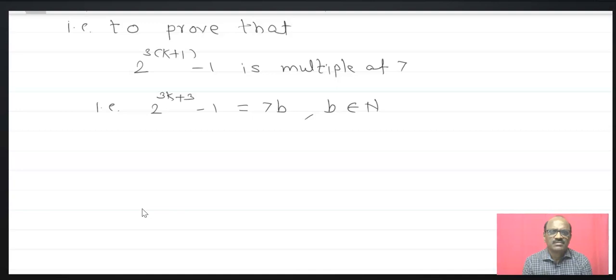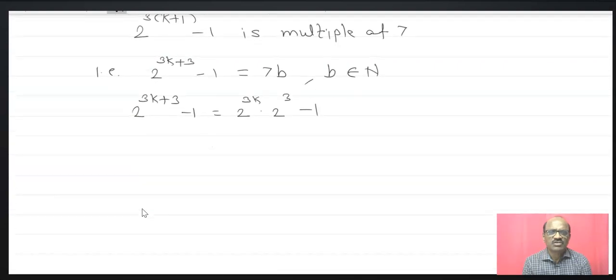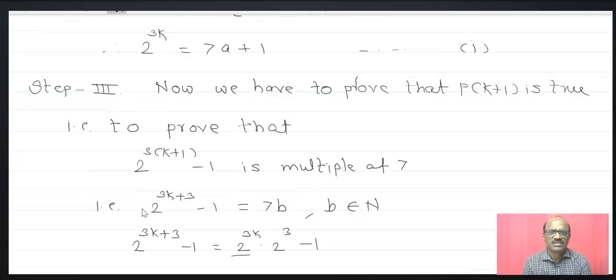Therefore, 2 raised to 3k plus 3 minus 1 can be written as 2 raised to 3k dot 2 raised to 3 minus 1.